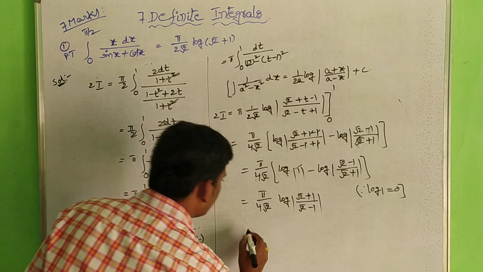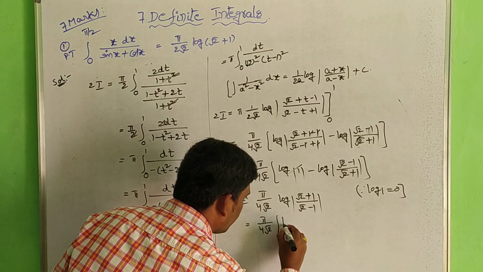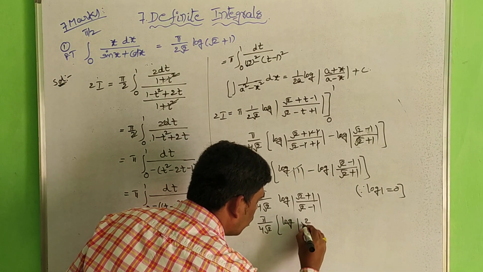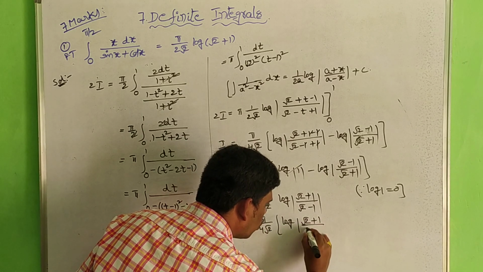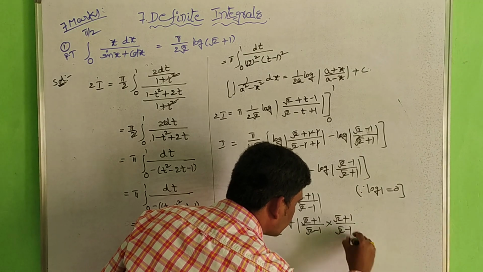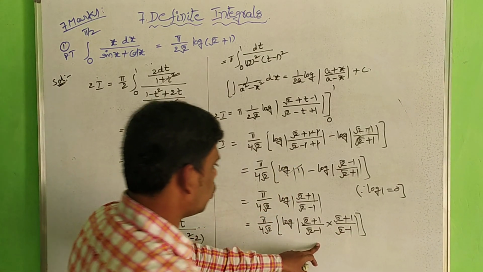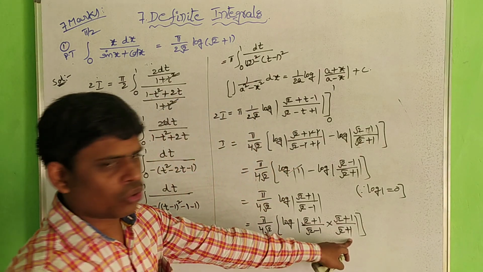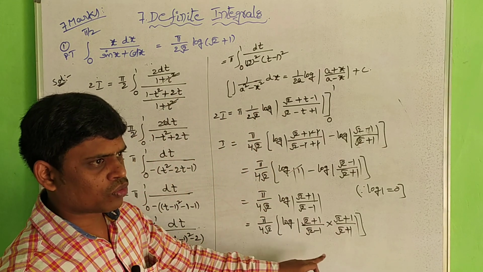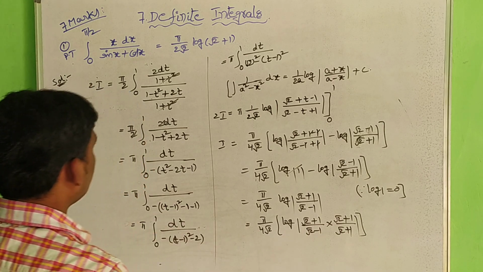Now, rationalizing these terms, pi by 4 root 2 log of root 2 plus 1 by root 2 minus 1 into root 2 plus 1 by root 2 plus 1. Root 2 minus 1 into root 2 plus 1 is a plus b into a minus b, which is a square minus b square: root 2 whole square minus 1, which is 2 minus 1 equals 1.